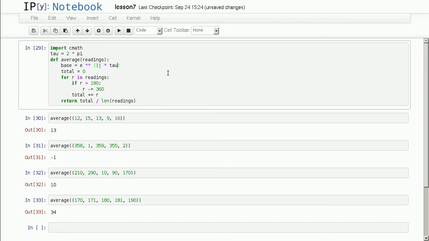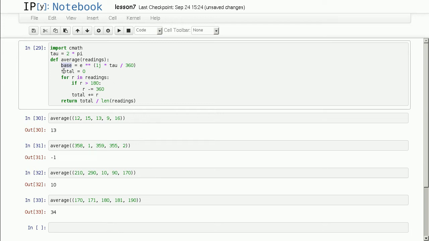And then if I divide that by 360, now I'm dividing a complete turn into 360 parts. In other words, base is now the complex number that is on the unit circle and is exactly 1 degree of rotation above the positive real axis. And this is a very convenient base to use if we want to manipulate degrees.